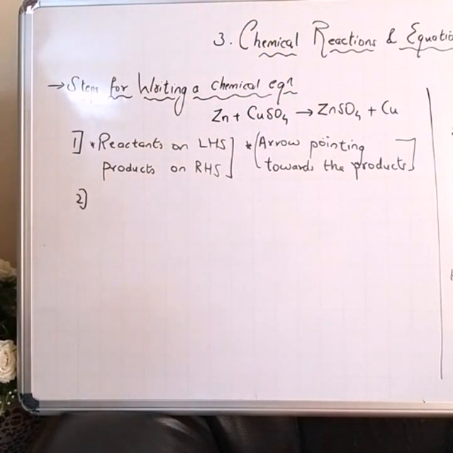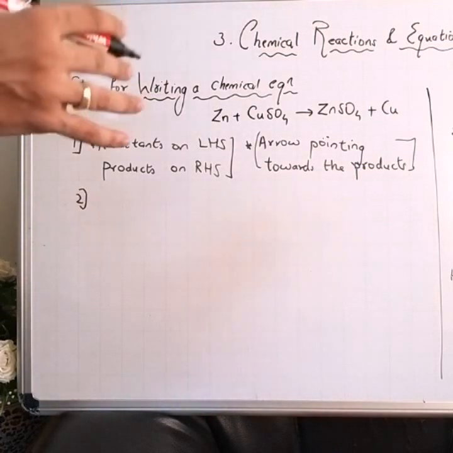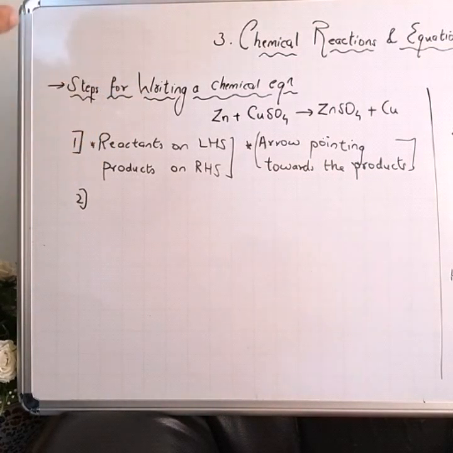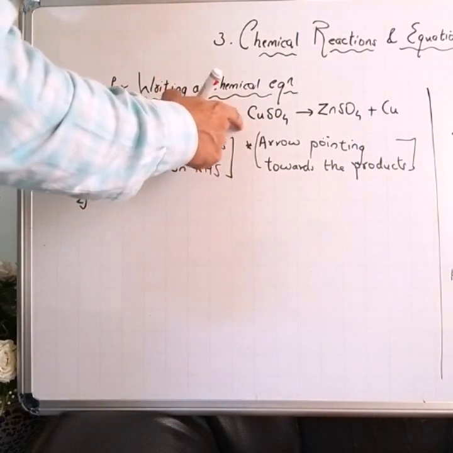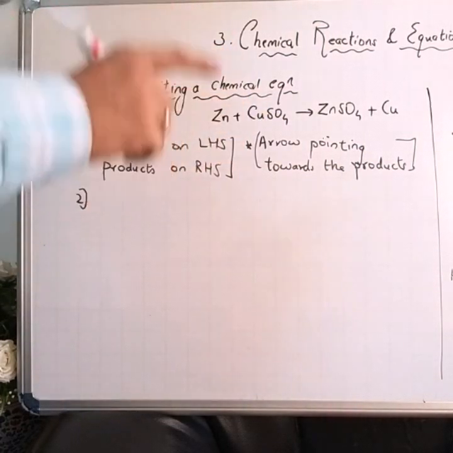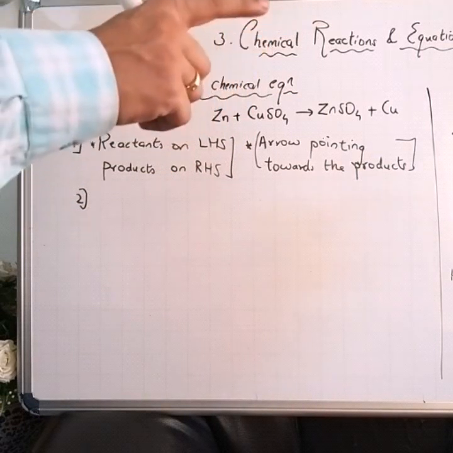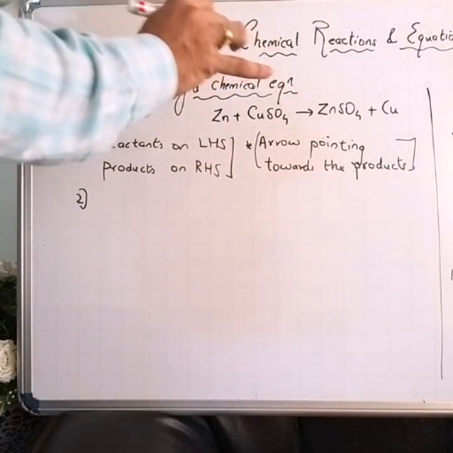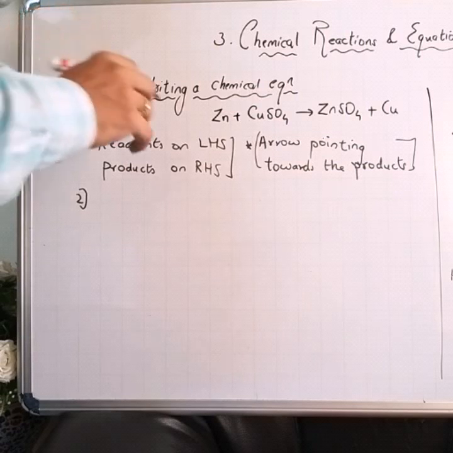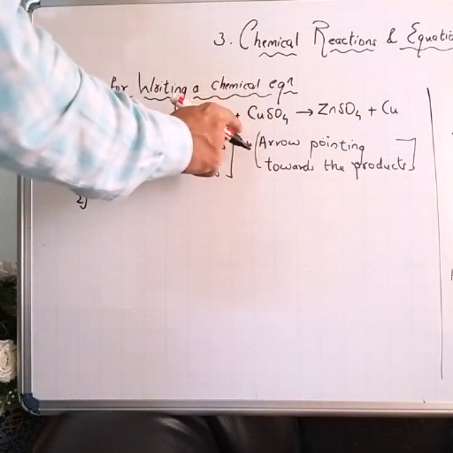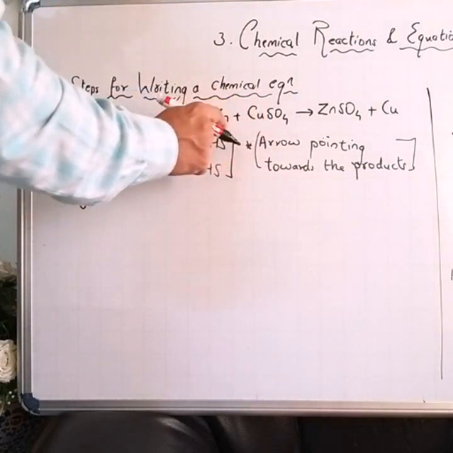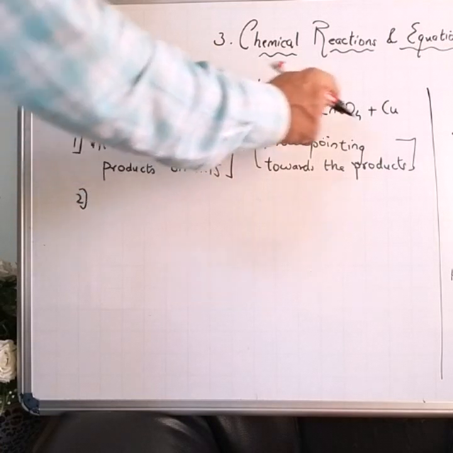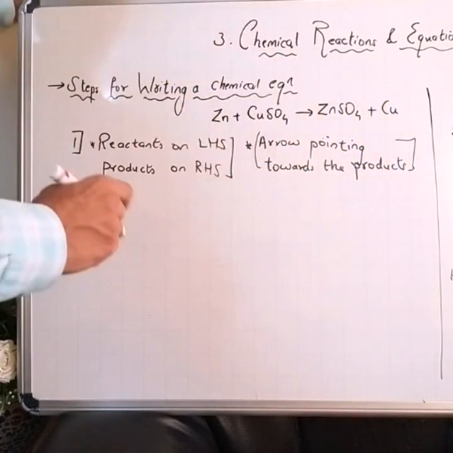Second, where 2 or more reactants are there or 2 or more products are there, we put a plus sign to separate them. We will not put and, or, comma or any other mathematical symbols. We will only put the symbol plus. So the 2 or more reactants or 2 or more products are separated by what?